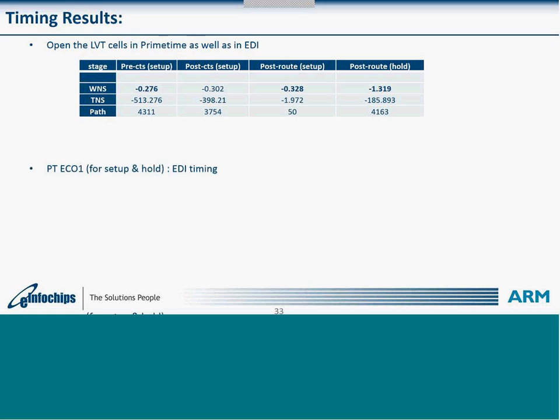After LVT swapping, we could achieve the setup in pre-CTS close to 70 PS, and post-route setup degraded to close to 328 PS. The short hold was 2.3 NS. We tried a couple of iterations, with ECO optimizing both setup and hold. We could bring the setup down to close to 180 PS, and the hold down to 328 PS.